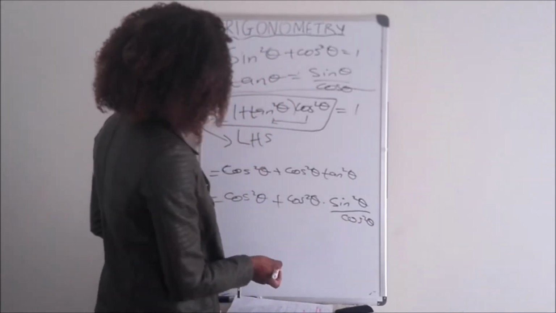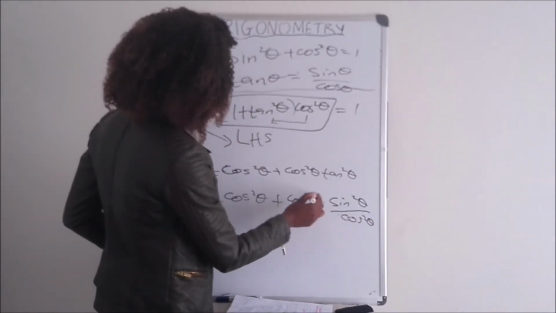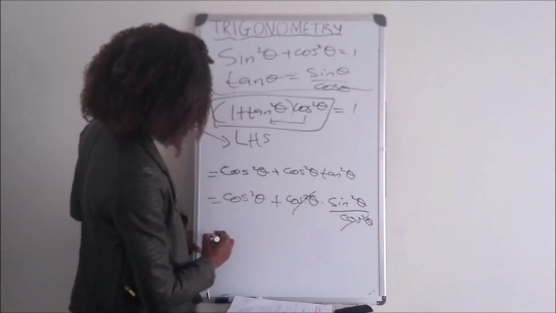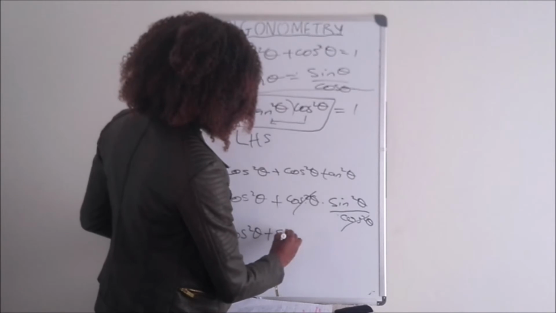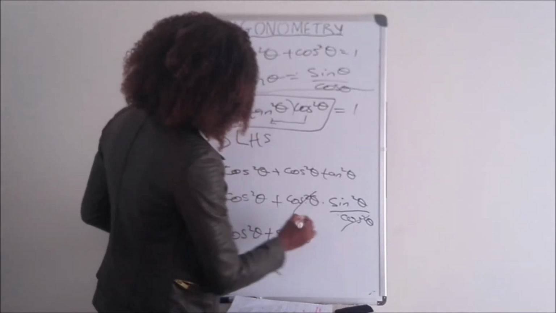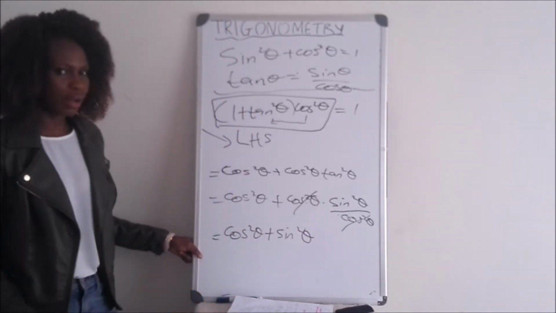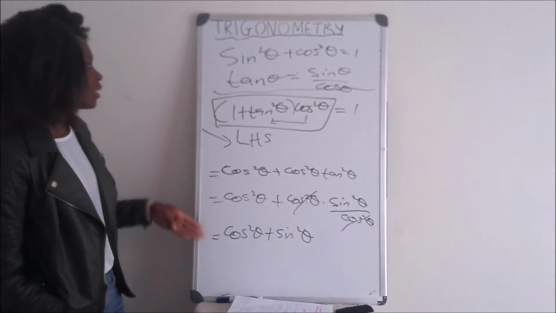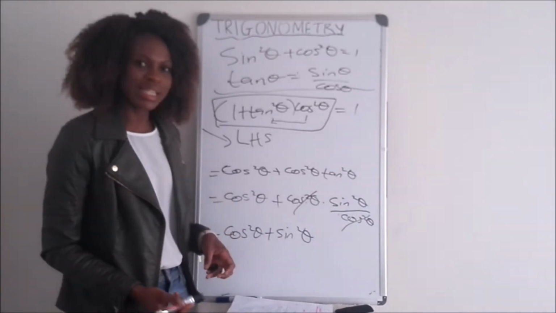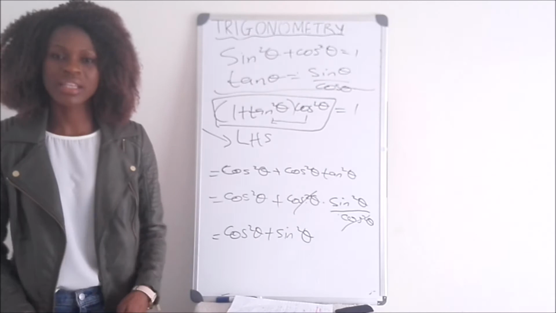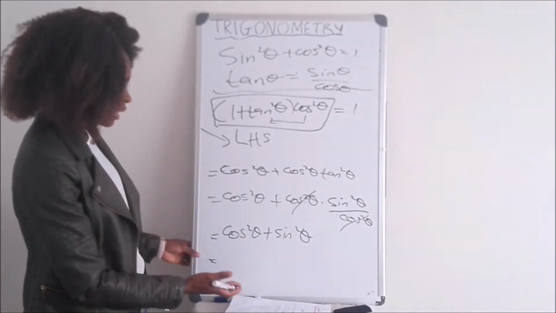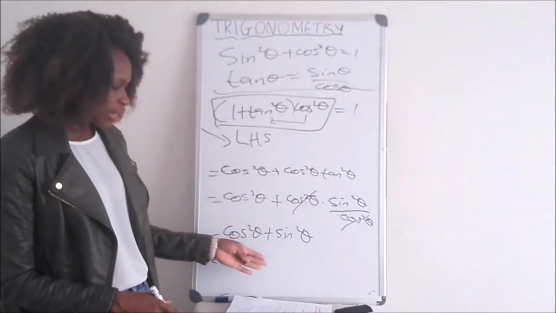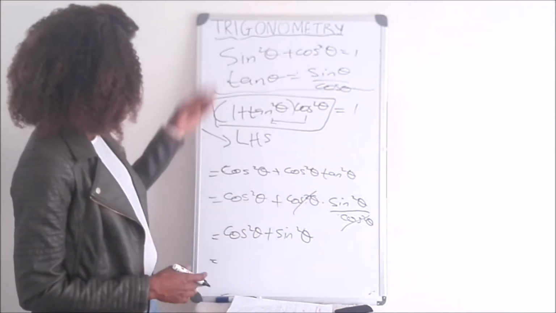Alright, from here we can already see that the 2 cos will cancel out and we'll only be left with cos squared theta plus sine squared theta. What is it? It is an identity which says that sine squared theta plus cos squared theta is equals to 1. Even if it doesn't start with a sine squared, it still is the same as that one.